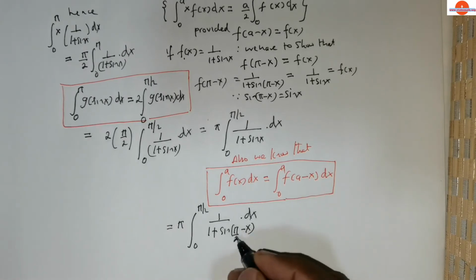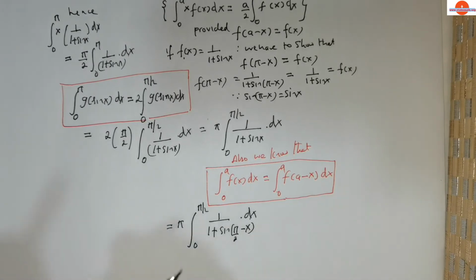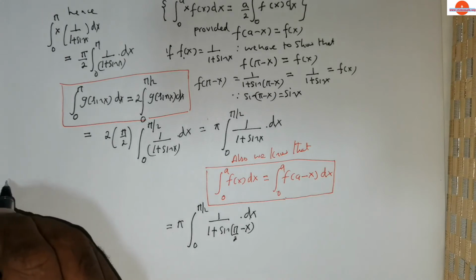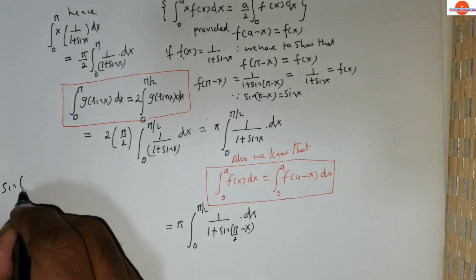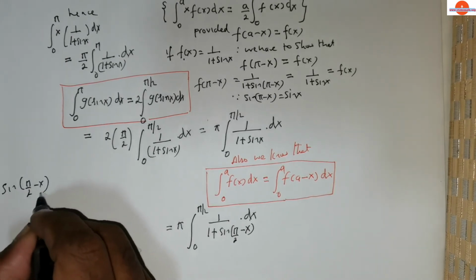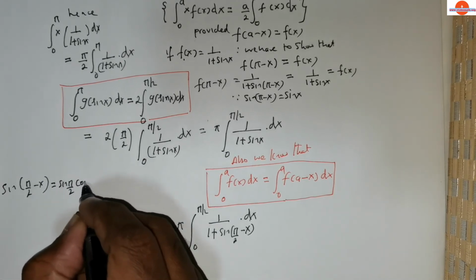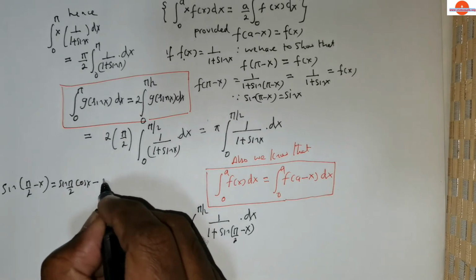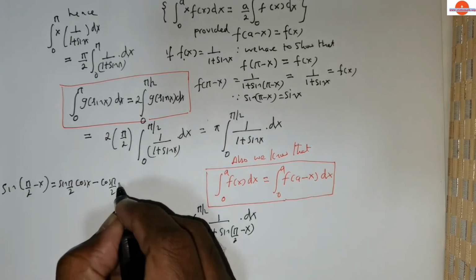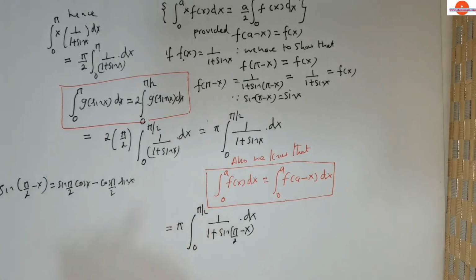Now, sine of pi over 2 minus x. If I were to show you, sine of pi over 2 minus x is nothing but sine pi over 2 times cos x minus cos pi over 2 times sine x.